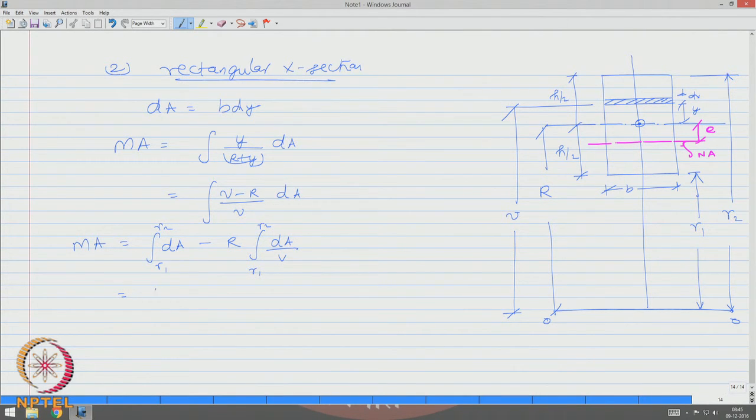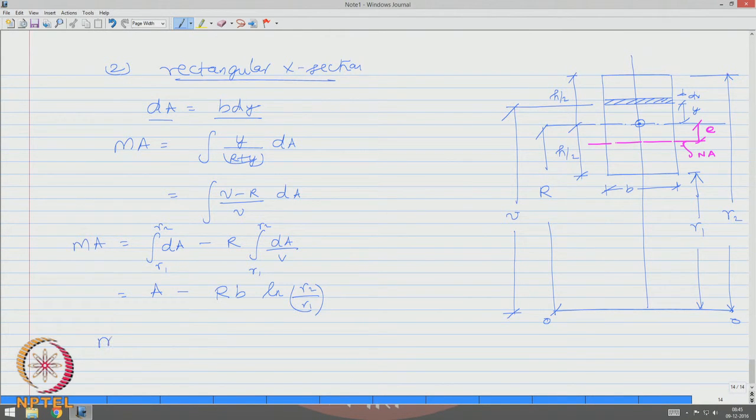So, which will give me A minus r B natural logarithm of r2 by r1, because dA is actually B dV.